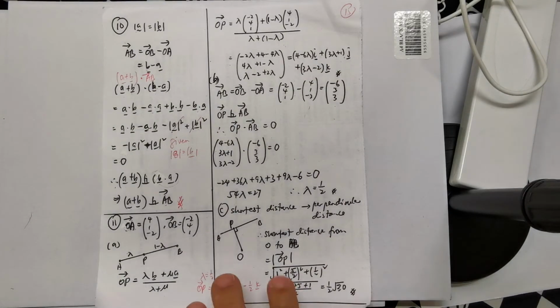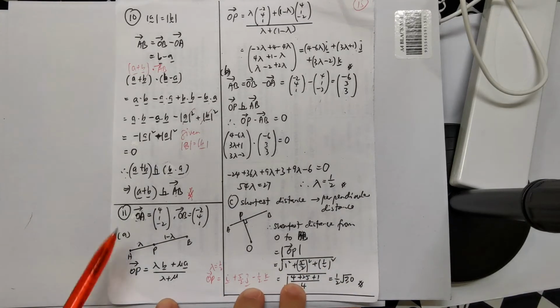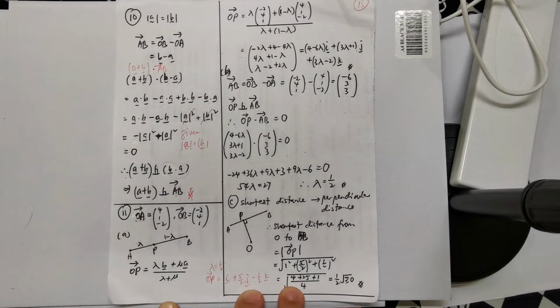Okay, so we start. All right, remember this formula? The last video we have discussed. Okay, so you are given vector OA, vector OB. The diagram is like this, and P divides AB following this ratio, right?